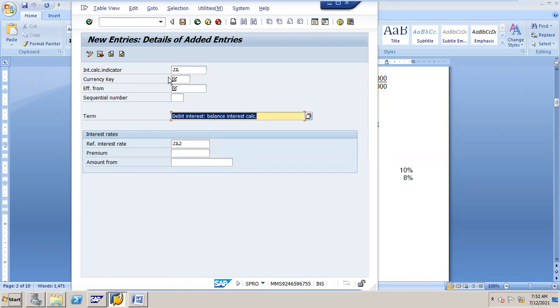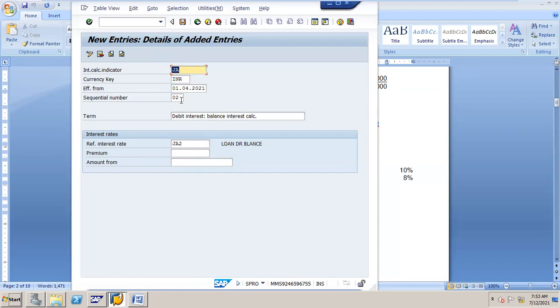Right? So currency key, effective from April 1st. Here, if I give the same sequential number 1, when I try to save, it will show an error, because by giving 01 I assigned the JA1 to JA. So by giving 02, I can assign the JA2 to JA.